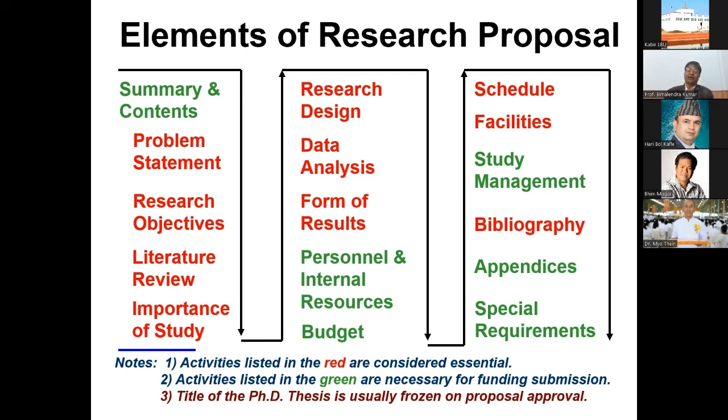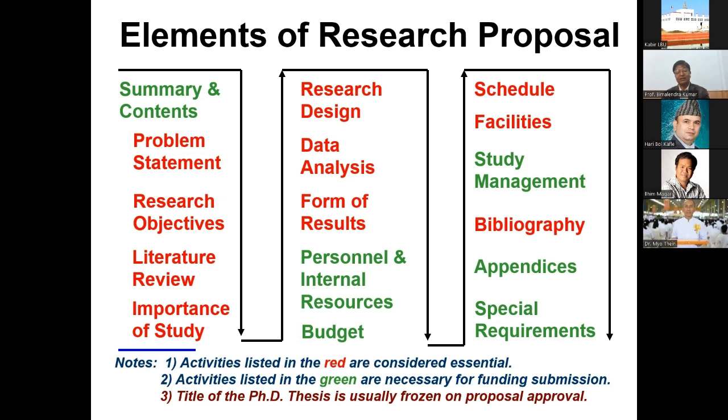Then, if available, you can give an appendix, which is not directly related with your research chapters but may be connected with your research topic, and then special requirements. These are the elements related to making a research proposal.